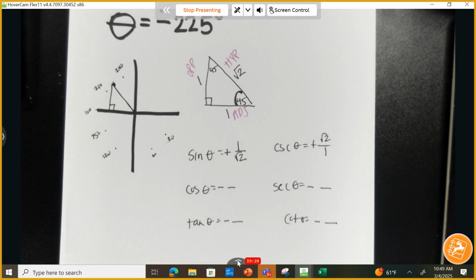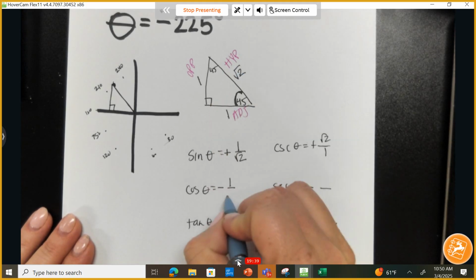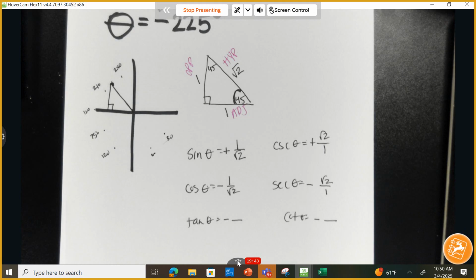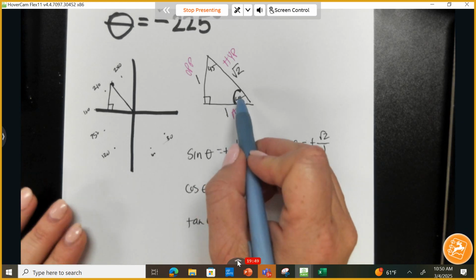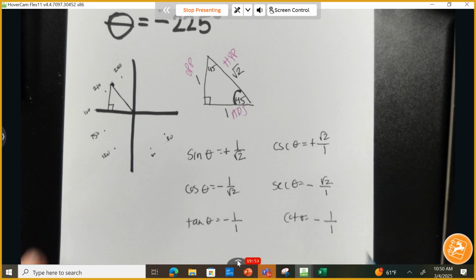Manny, what 2 words describe cosine? Adjacent over hypotenuse. So I find adjacent. Okay, that's 1. Hypotenuse is the square root of 2. And then I flip it. And let's go, Melanie. What 2 words describe tangent? So opposite over adjacent. Opposite in this case is 1. Adjacent is 1. And then I flip it.